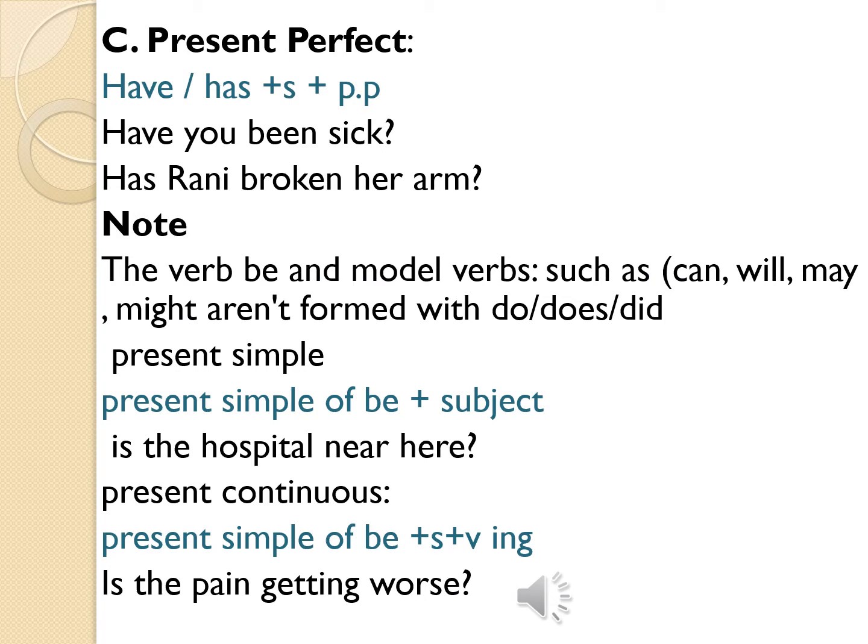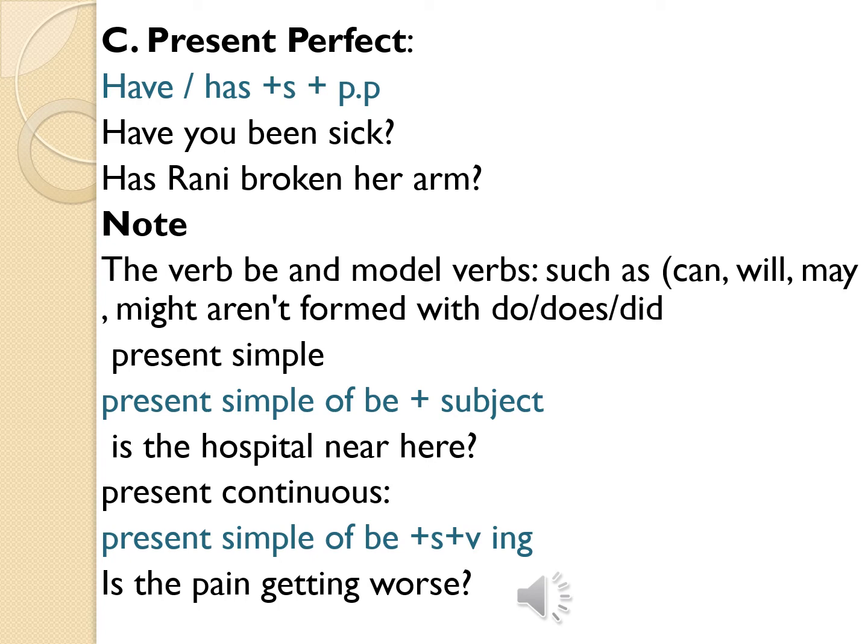With the present perfect, we use have or has plus subject plus past participle form of the verb. We use has with third person singular, he, she, it, and we use have with we, I, you, and they.